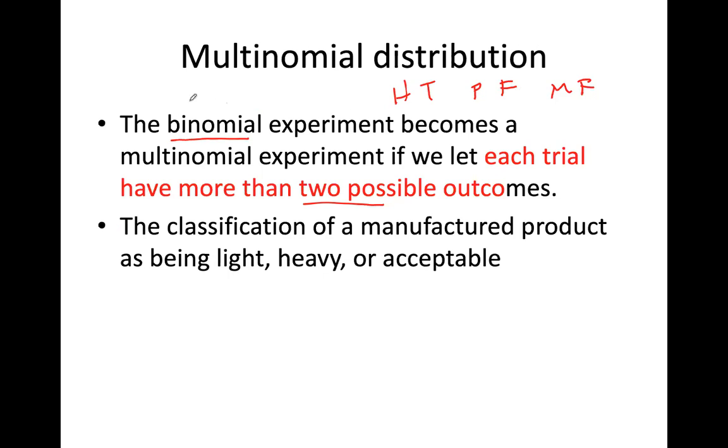But in multinomial, zaten bi means two, biannual, bi-weekly, right? Multi means more than two, right? Multinomial. For example, we might have three options: light, heavy, or acceptable outcomes.